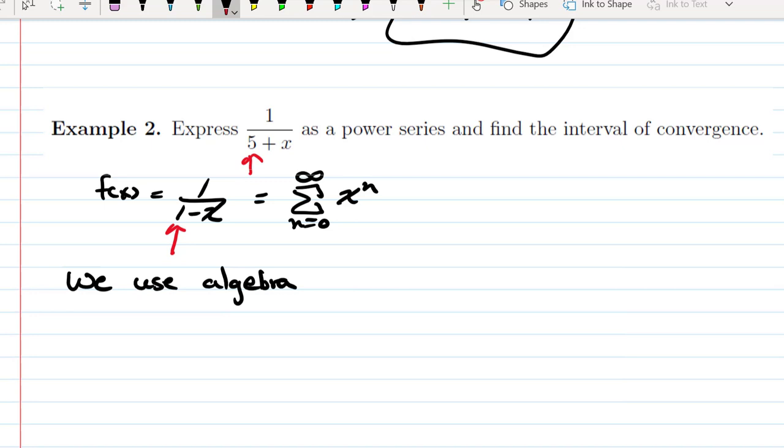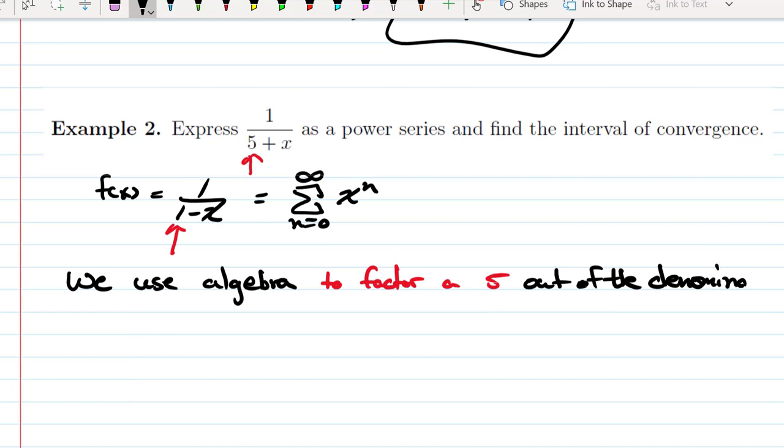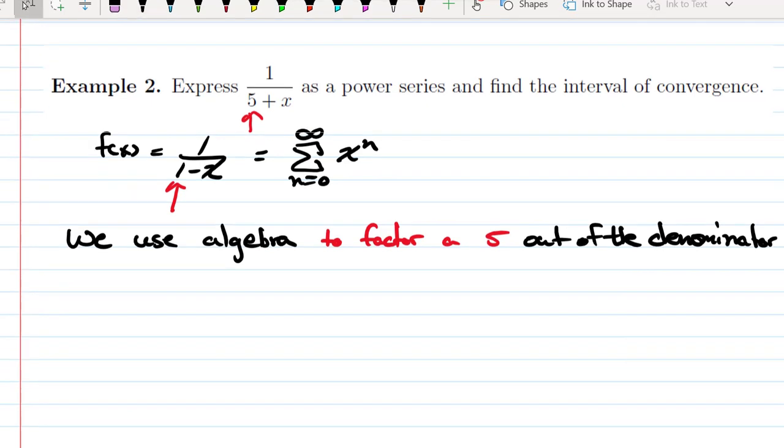So we're going to use algebra to factor a 5 out of the denominator. So if we factor a 5 out of the denominator, then that would leave a 1 plus x over 5.